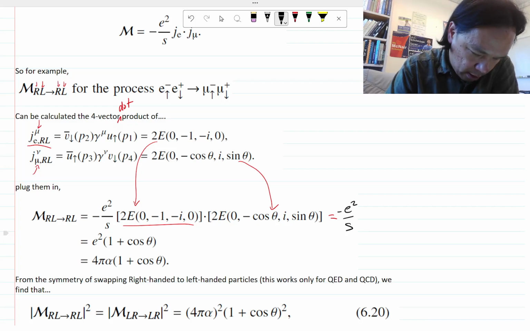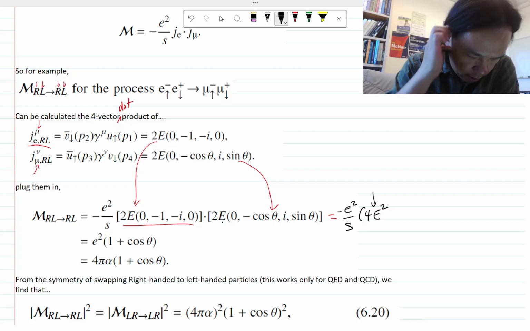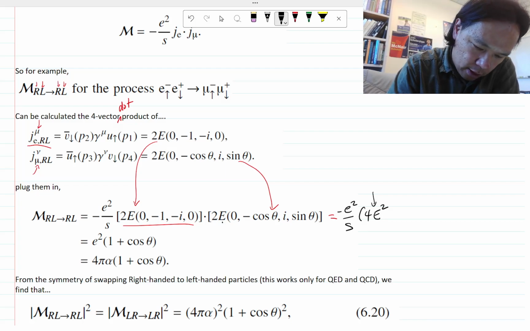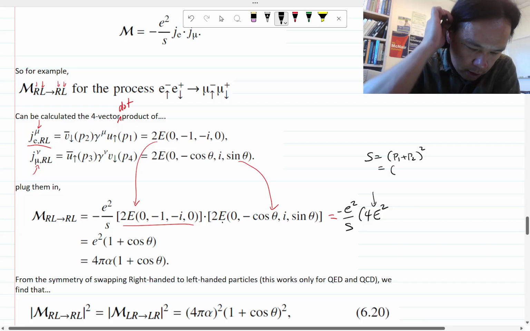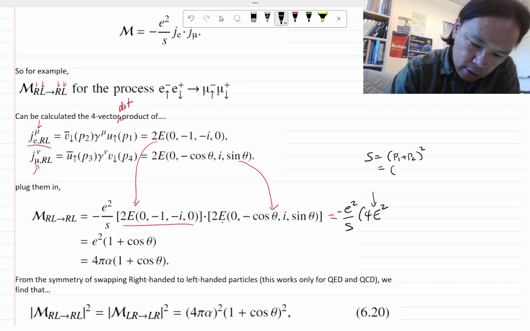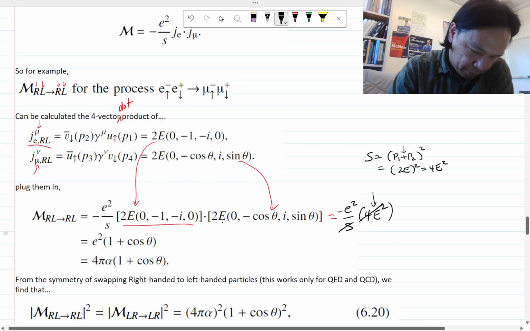If we factor out 4E squared, since S is equal to P1 plus P2 squared, and since we only have the energy component because the spatial component cancels out, this is actually 2E squared. So S is actually equal to 4E squared. So these actually completely cancel each other out.